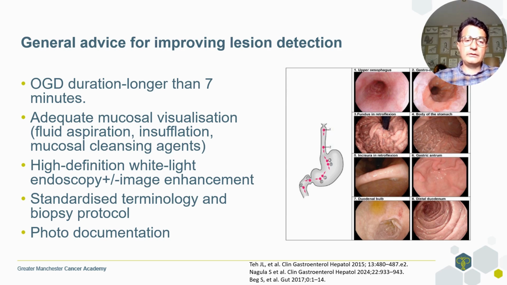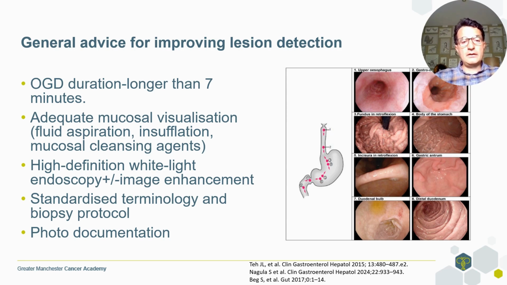Adequate mucosal visualization definitely should be part of our regular practice: fluid aspiration, insufflation, use of mucosal cleansing agents. We all should use high definition white light endoscopy in this day and age, with or without image enhancement.